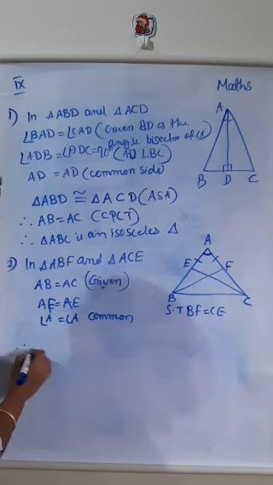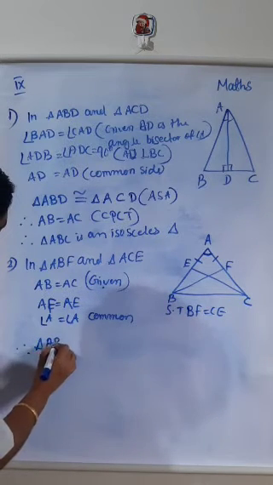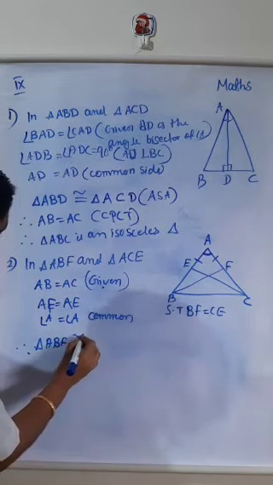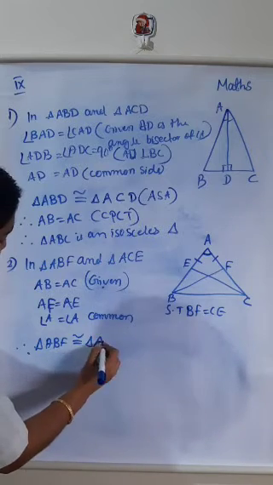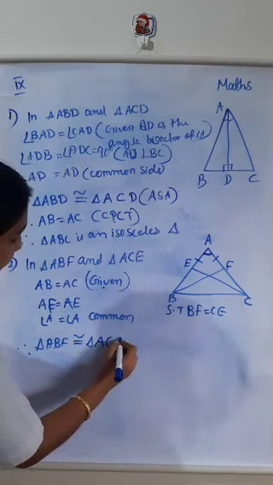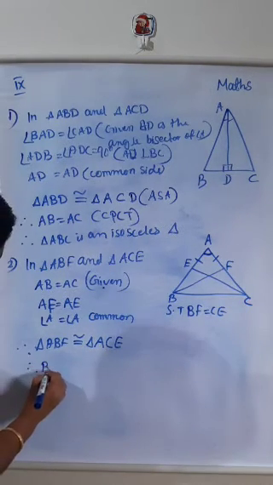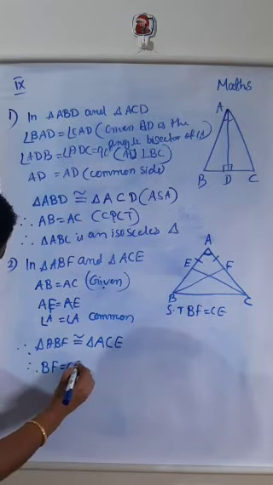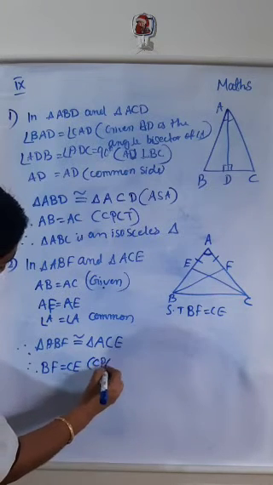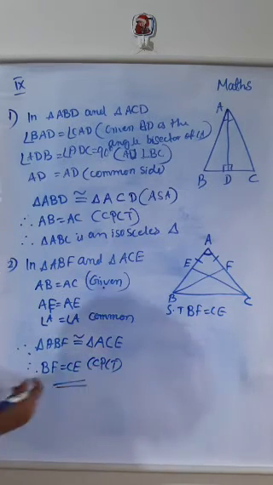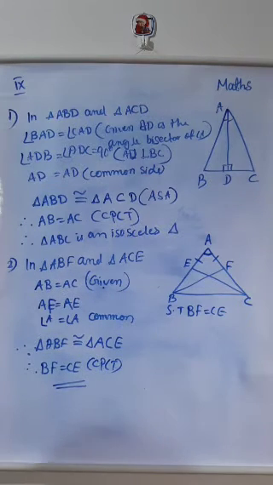Therefore triangle ABF is congruent to triangle ACE. Therefore BF is equal to CE, by CPCT.